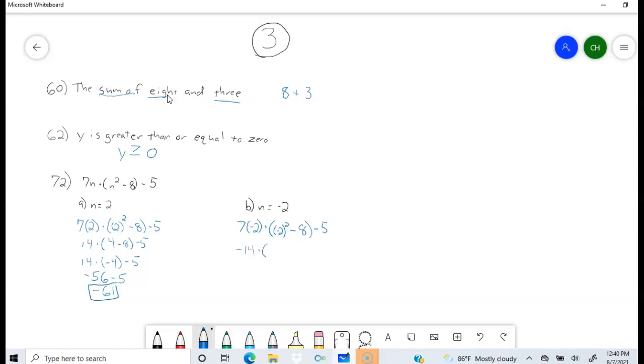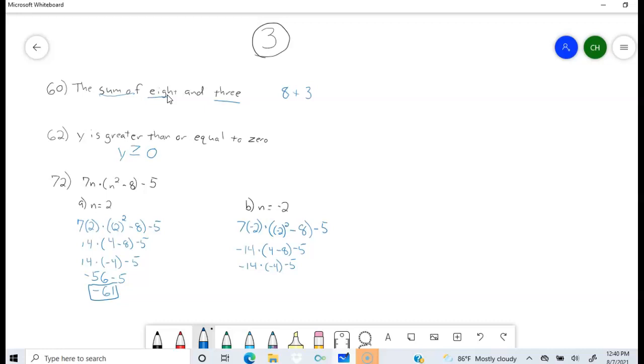Again, negative 2 squared is positive 4 minus 8 minus 5. Negative 14 times 4 minus 8 is negative 4 minus 5.